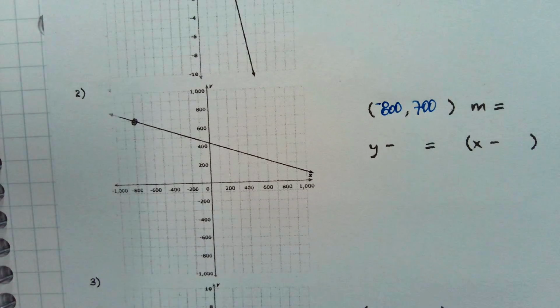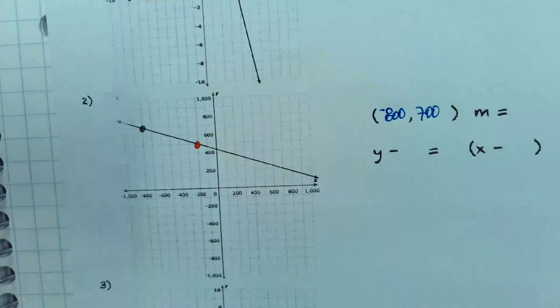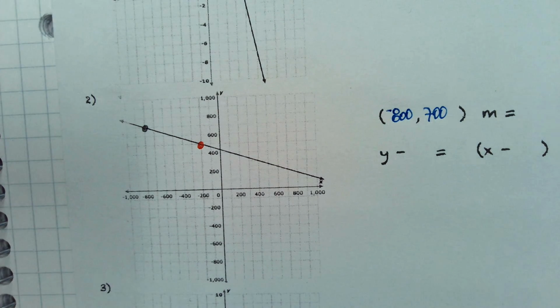So let's figure out the slope next. Find the slope, guys. Let's find another point to use for the slope. Okay. So we're going to go down and to the right. How many do we go down?